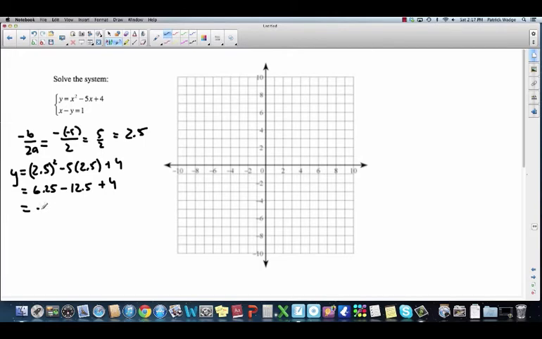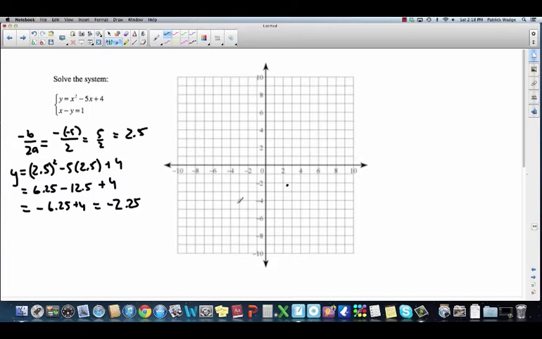So I have minus 6.25 plus 4, negative 2.25. What was I thinking? The vertex is 2.5, negative 2.25. I have no idea why I did this. I'm sorry.